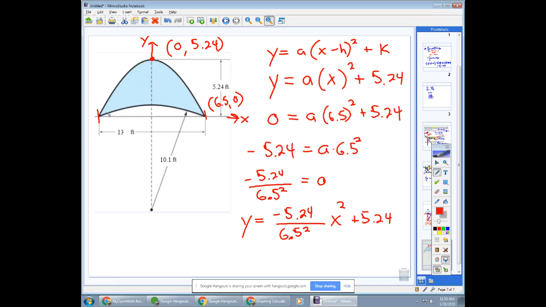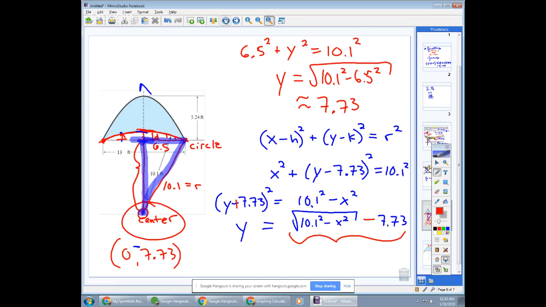Once it's set up, integrating is not that bad. The parabola is the top function, the circle is the bottom function. Ooh, interesting. We do not know an antiderivative for the square root of something minus x squared.